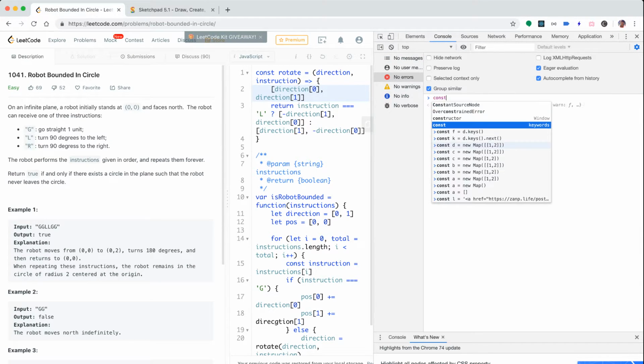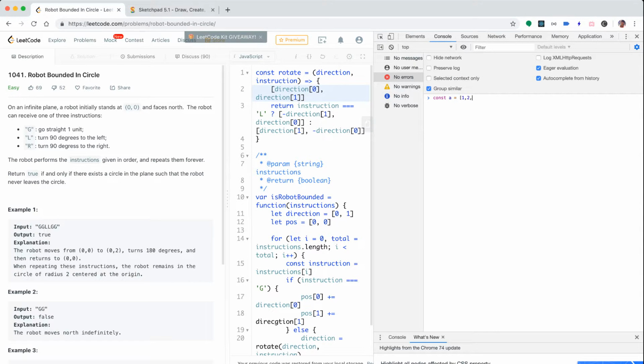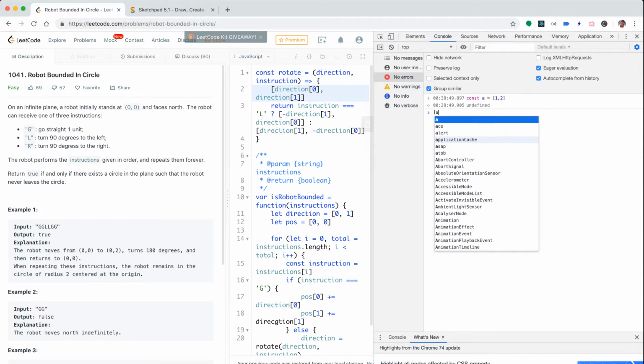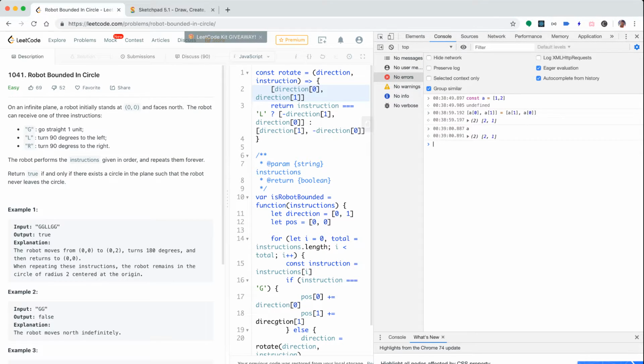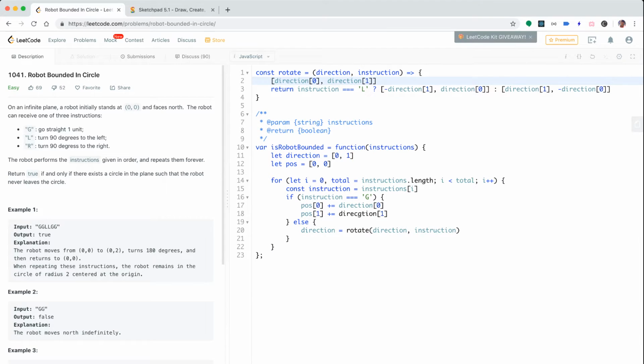Const a equals 1, 2. a0, a1 equals a1, a0. Now okay, we can reverse it. So direction equals this.